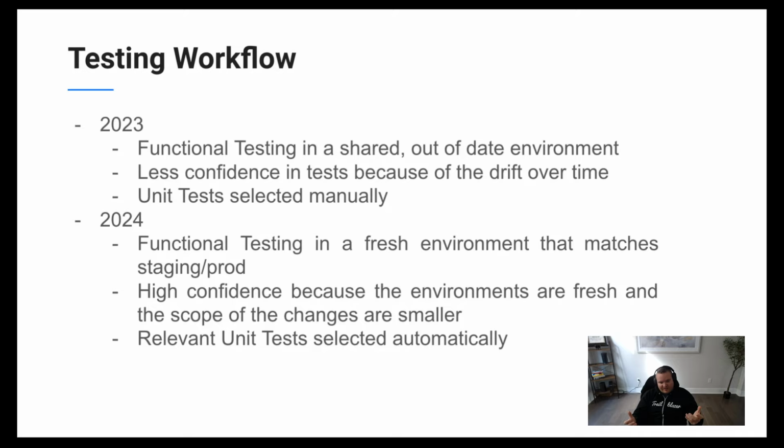I mean, the longer a sandbox exists, the more likely that tweaks or unfinished stories or random changes happen in it, and ultimately you end up with an environment that doesn't necessarily match source. It doesn't match production. It's just drifted over time. And then we were also selecting our unit tests manually or doing a full test run. We didn't have an intelligent way of selecting our unit tests.